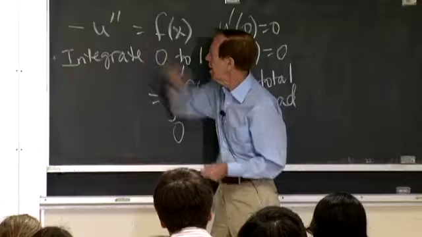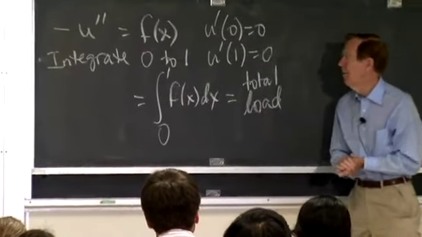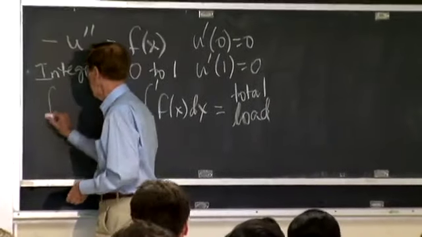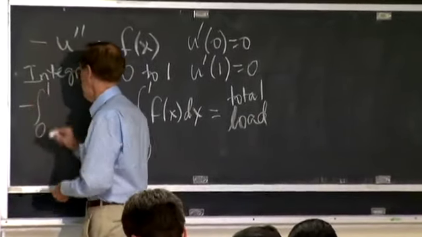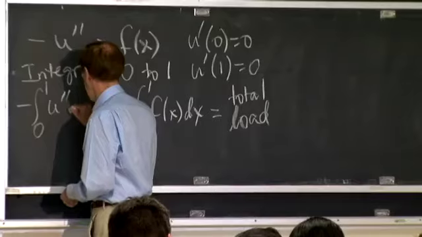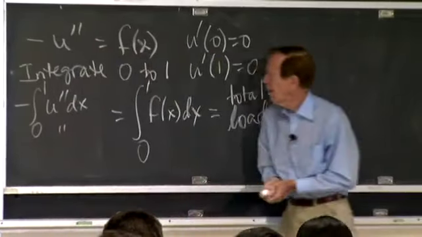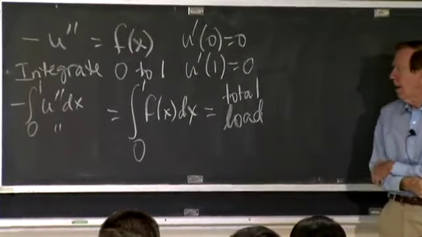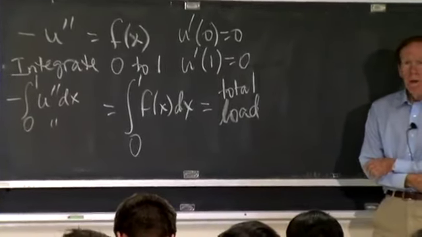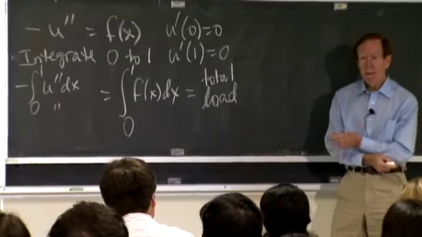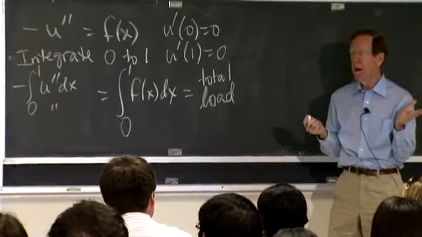What happens when I integrate the left side from 0 to 1? Can you do that one? The integral from 0 to 1, there's a dopey minus sign, u double prime dx. What do I get? Why do I say that's a good idea? If I integrate the second derivative, I get the first derivative.